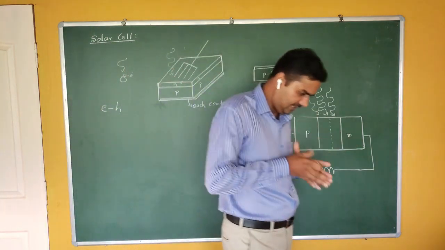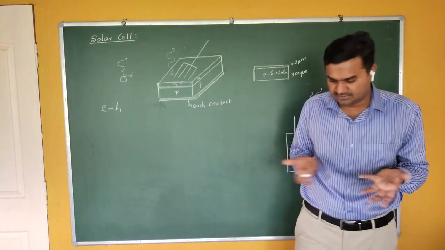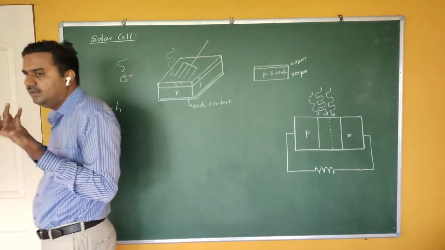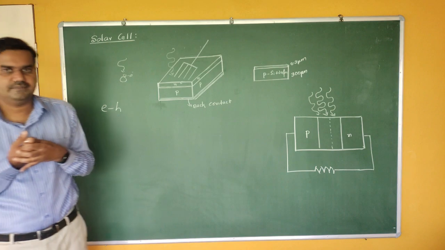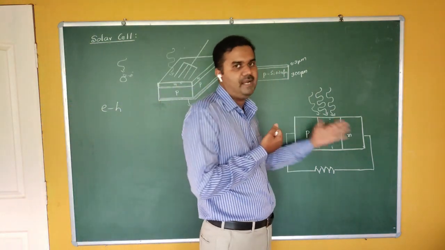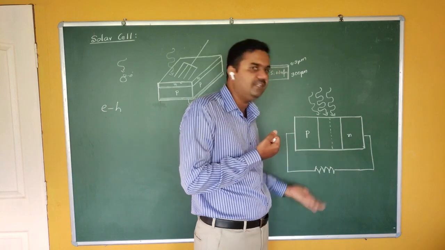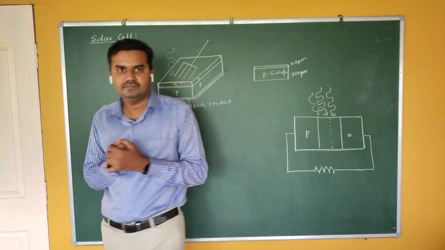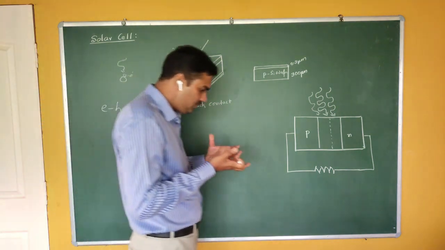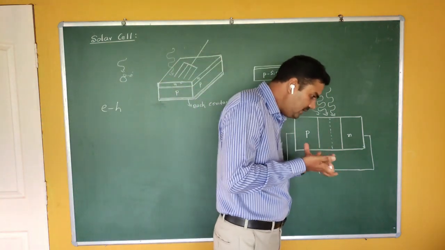If a battery is connected, then circulation of electrons takes place and you get current. But this time we are not using any battery. We are not biasing this solar cell, because our main aim is to produce its own EMF.